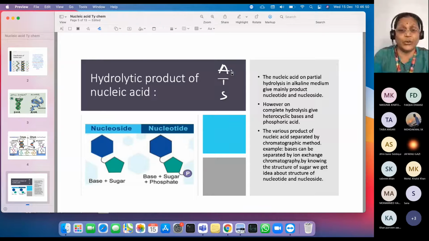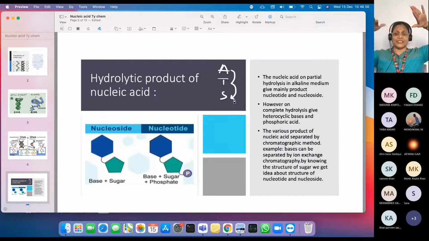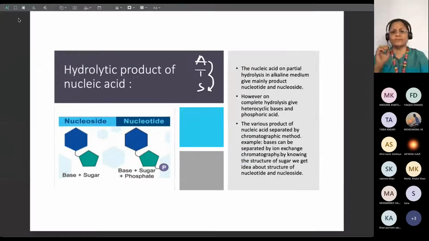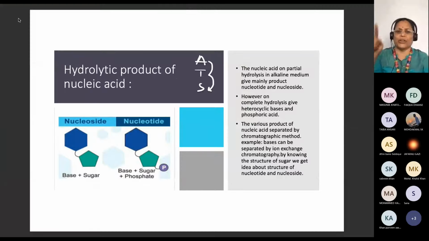Nucleic acid on hydrolysis gives nucleotide, which on hydrolysis gives nucleoside. Can anybody read this line? I said something just now. I repeat once again. Nucleic acid, I'll enlarge my screen. Nucleic acid on hydrolysis gives nucleotide, the TID. Nucleotide on hydrolysis gives nucleoside.